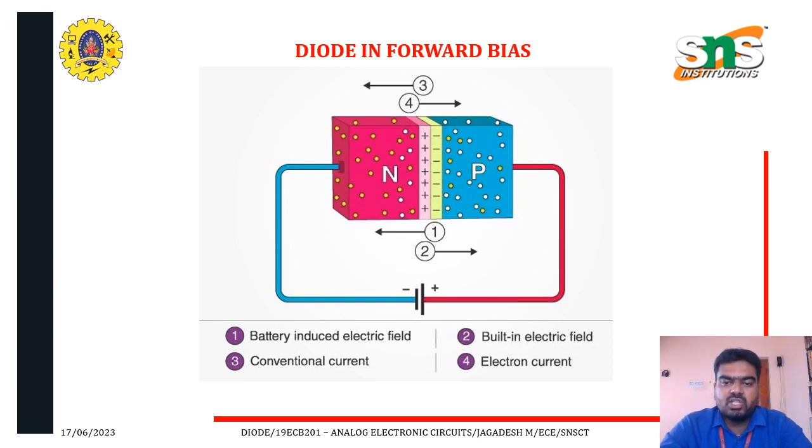The next one is forward biasing. Here, the positive terminal of the supply is connected to the P-type and the negative terminal is connected to the N-type. When you increase the external voltage in the circuit, the depletion region between the P-type and N-type decreases gradually.